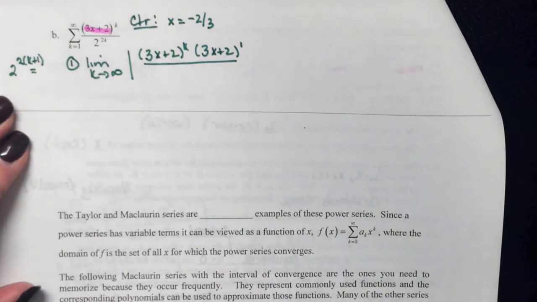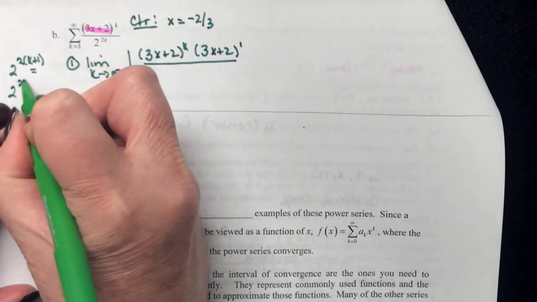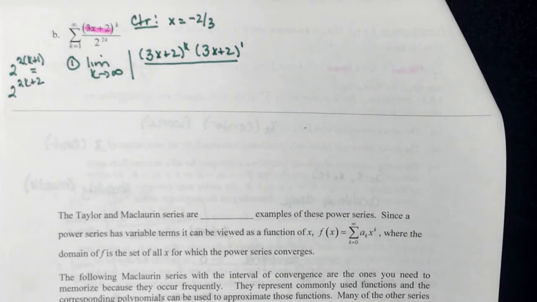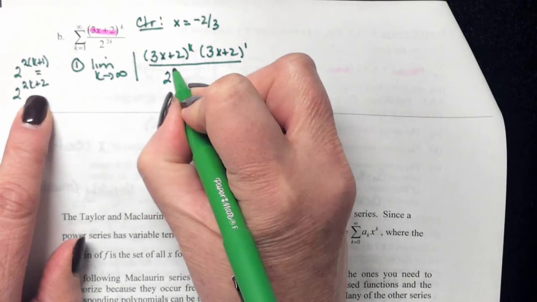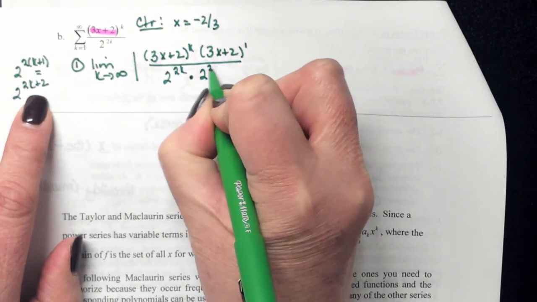When I add 1 to k, look what happens in that numerator. It's going to be 2 raised to the 2k plus 2. Does everybody agree with that? So then remember, I can rewrite this as 2 raised to the 2k times 2 squared, which is 4.